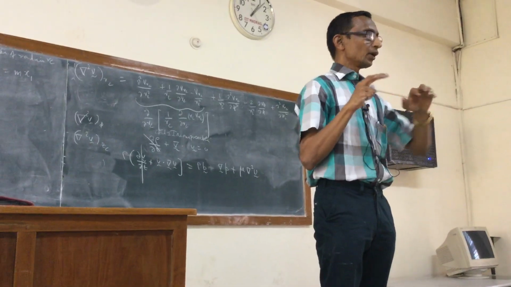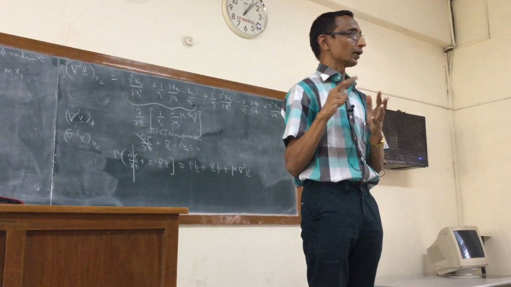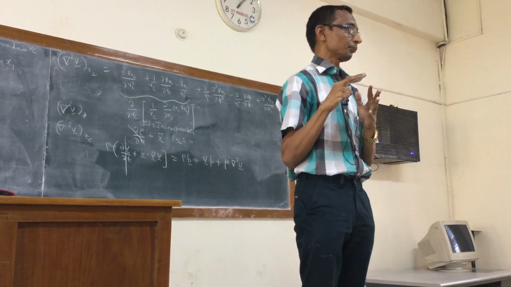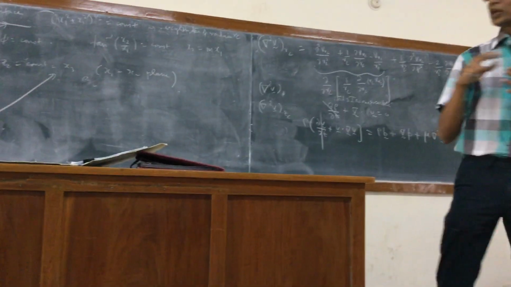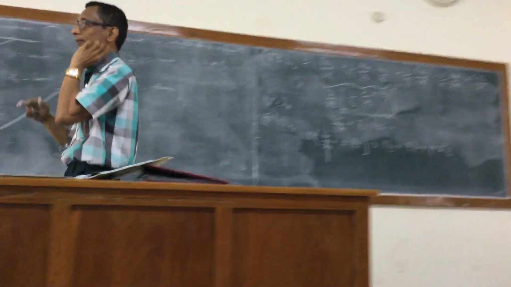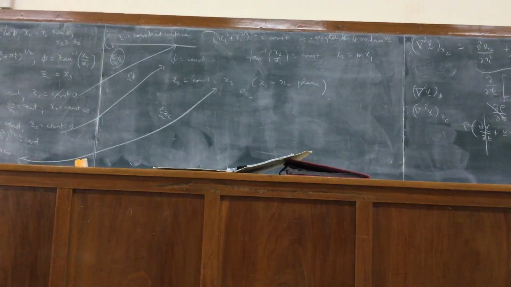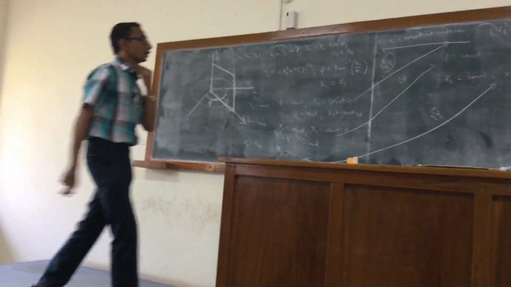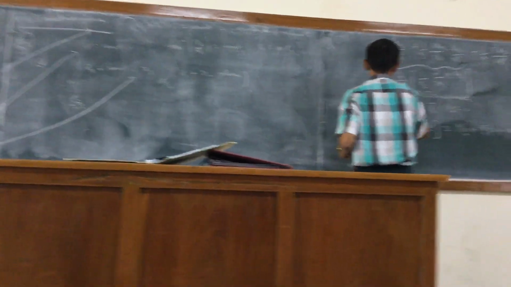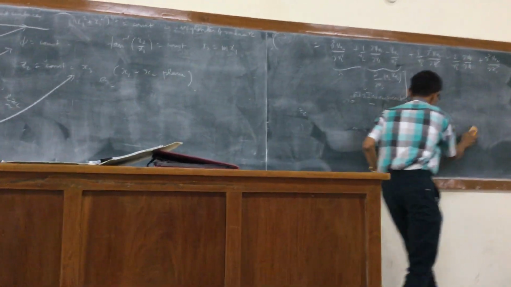So this gives a geometric picture of the cylindrical coordinate system. So now when you have an orthogonal coordinate system, for instance a curvilinear coordinate system, you can identify what are known as metric coefficients.